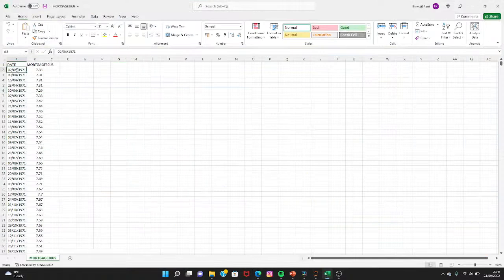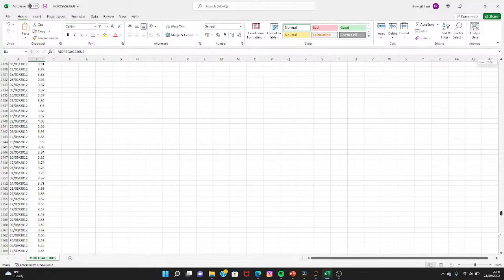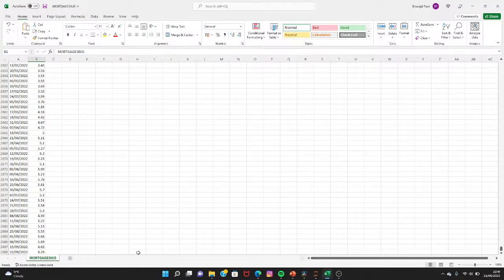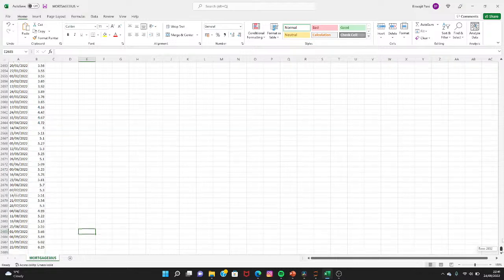The data is from 1971, so we've got mortgage rates from 1971 up until 2022, I think. So when is the last one? It's just 2 days back. So until 22 September 2022, we have this data. I think almost 50 years, right?